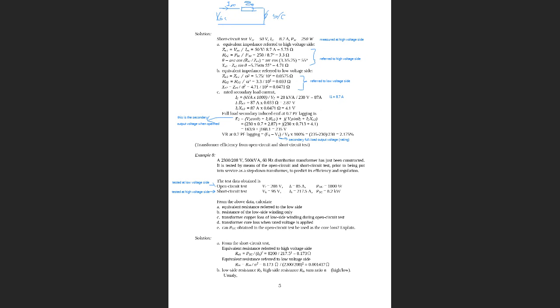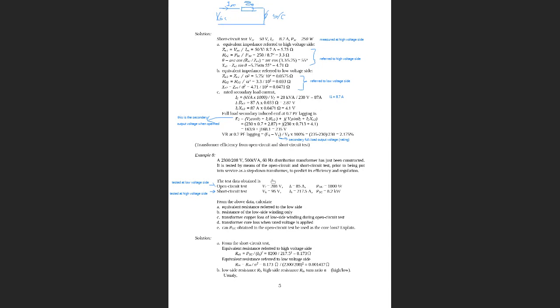Okay, so then the meanings of it. The test result is that the open circuit test has been carried out at the lower side, with the higher side opened and the lower side applied with the rating voltage.